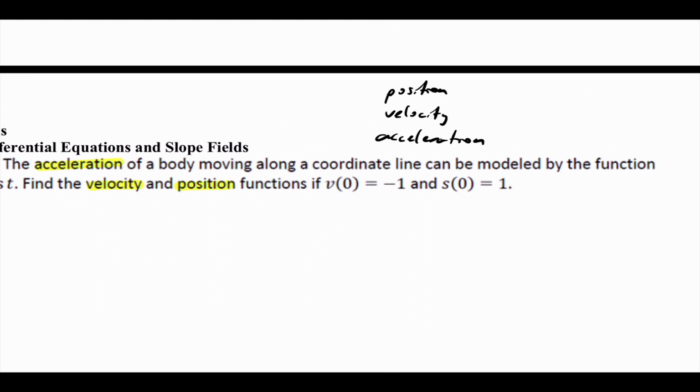So if I have acceleration and I want to find velocity, I got to find antiderivative. And if I want to find position based on velocity, I got to find antiderivative. So up the list, antiderivative. Down the list, derivatives. Just depending on which way you got to go.